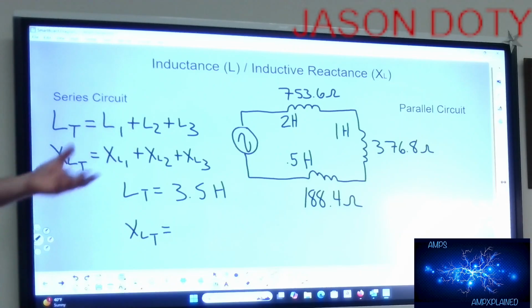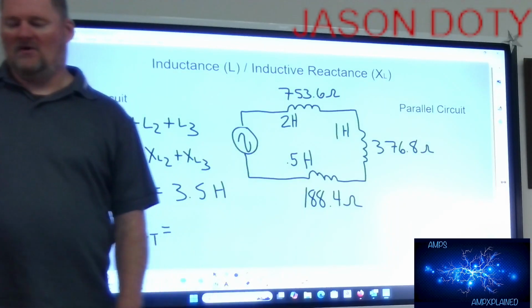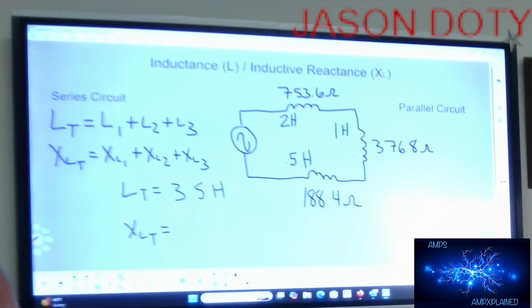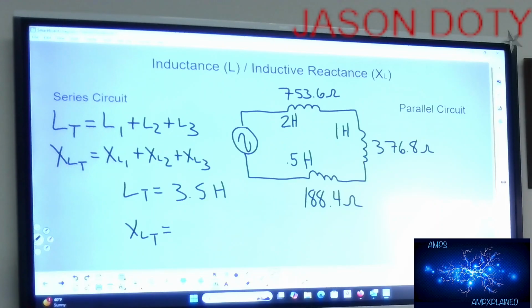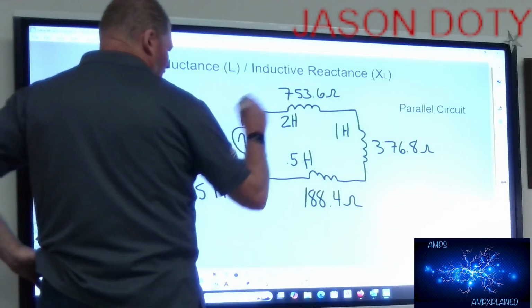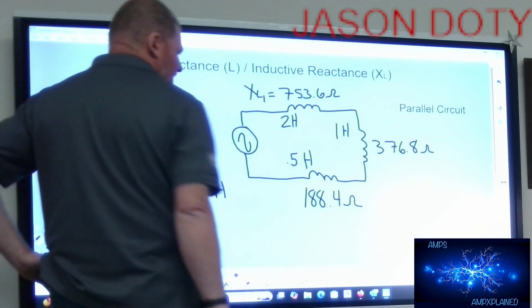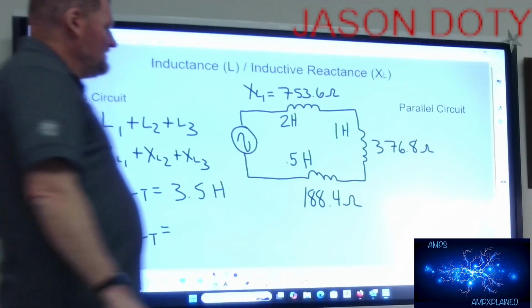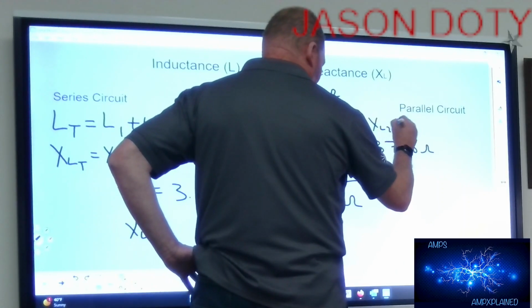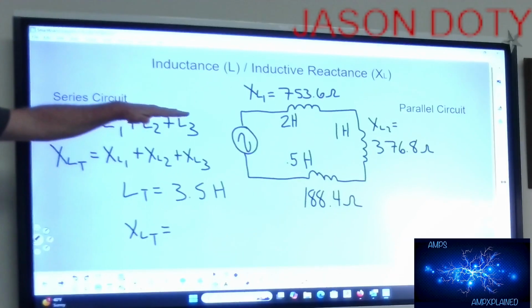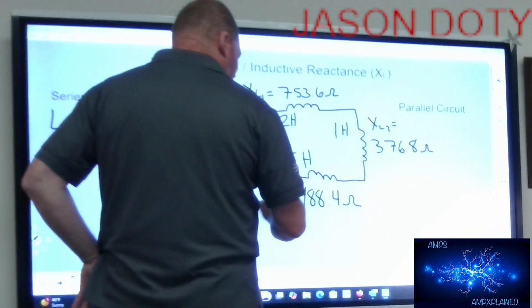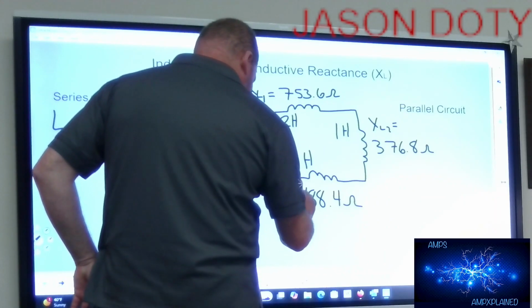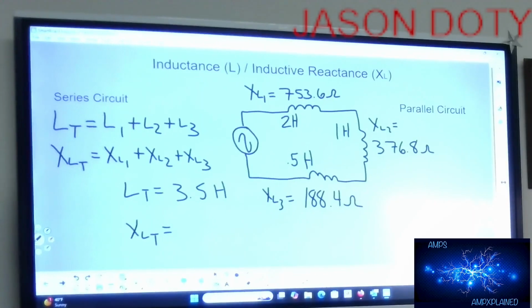But now I want to know which one of them is going to drop the most voltage. Now I want to know how much current is going to apply to this circuit. What's the draw? So I have to convert them into ohms. Well, we got X of L1 here, 753.6 ohms. X of L2. We have to call it something else because we can't call it Henries anymore. We converted it. X of L2, 376.8 ohms. And then X of L3, 188.4 ohms.